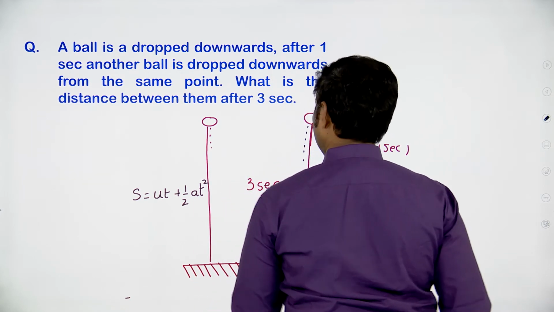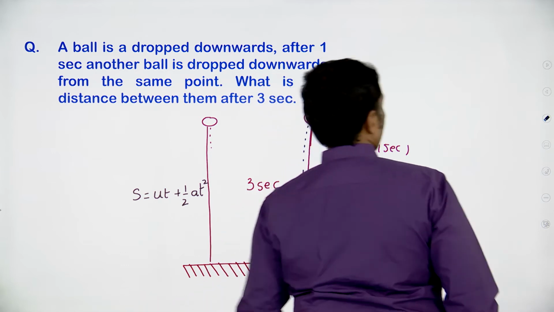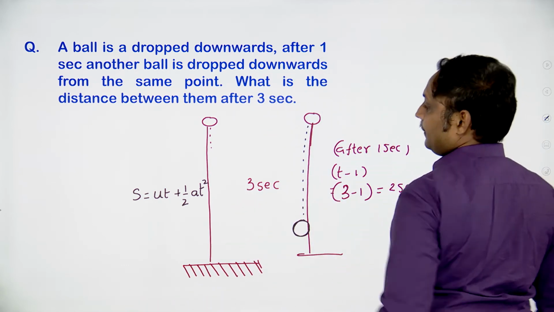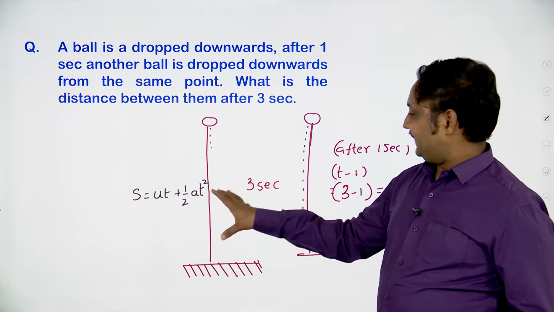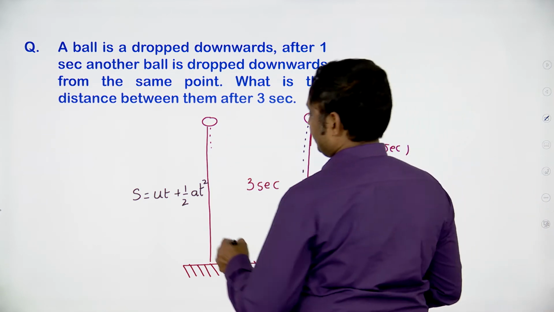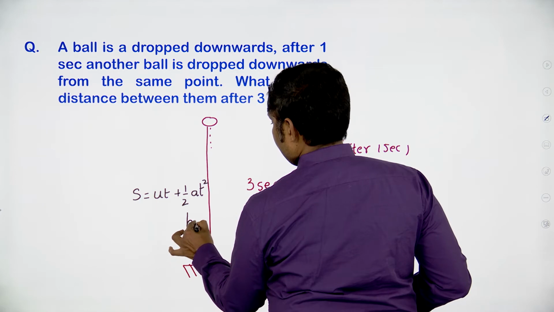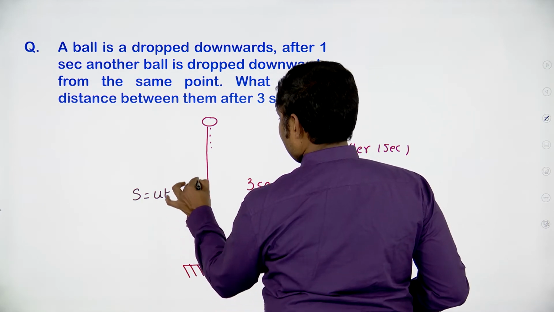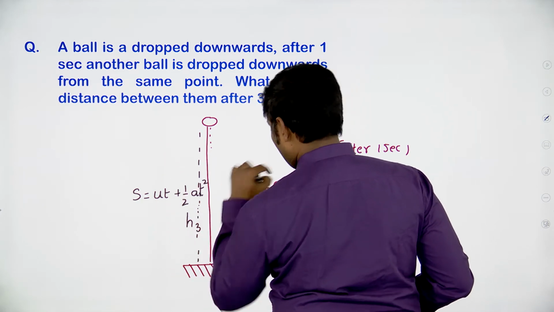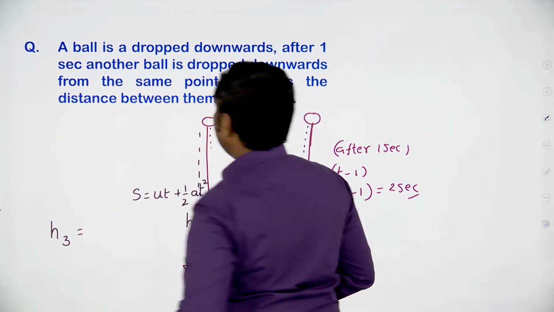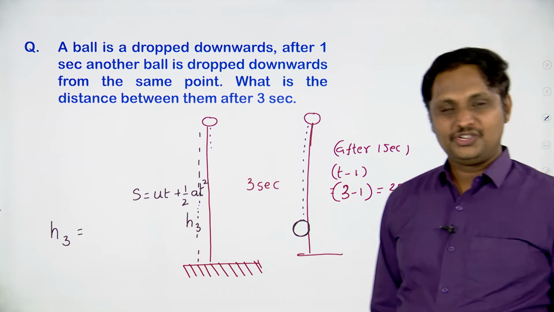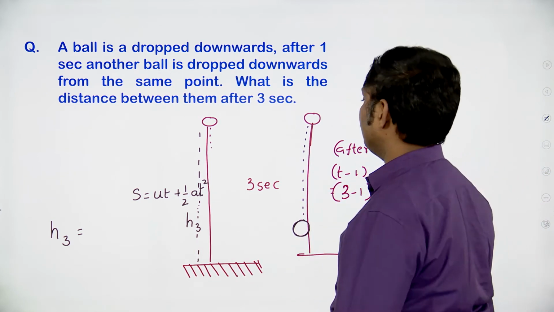It's very clear. Right, we have to calculate the distance covered in 3 seconds. Let it be h3. Now you can confirm that h3 is equal to, it has been dropped from rest, so we consider its initial velocity to be 0.